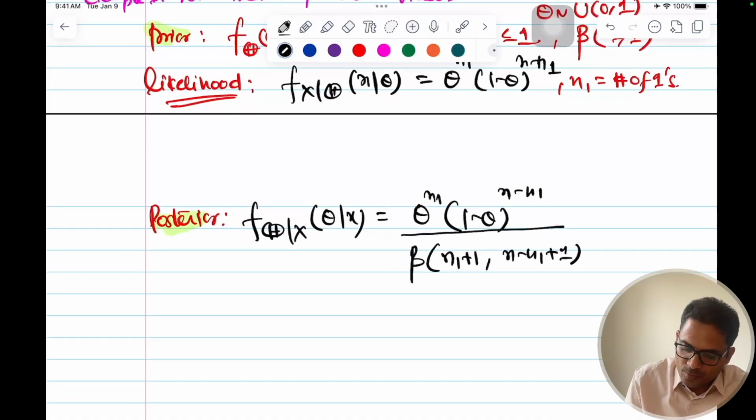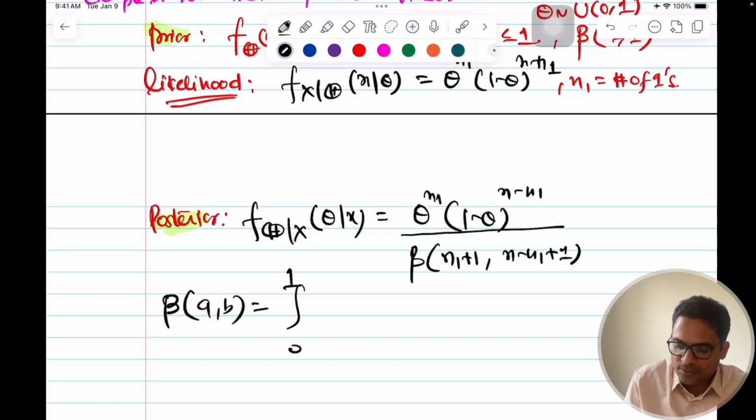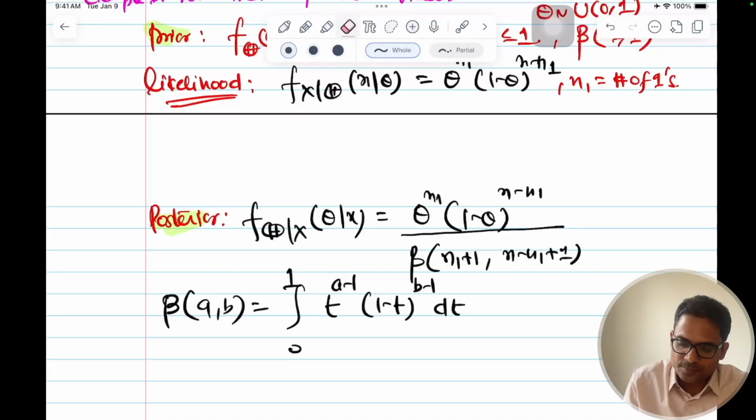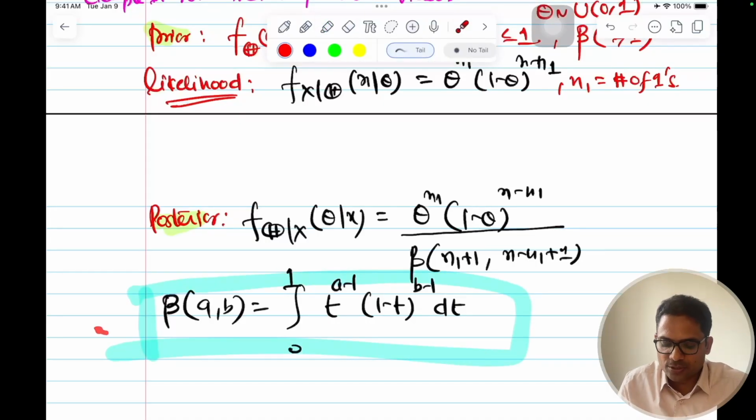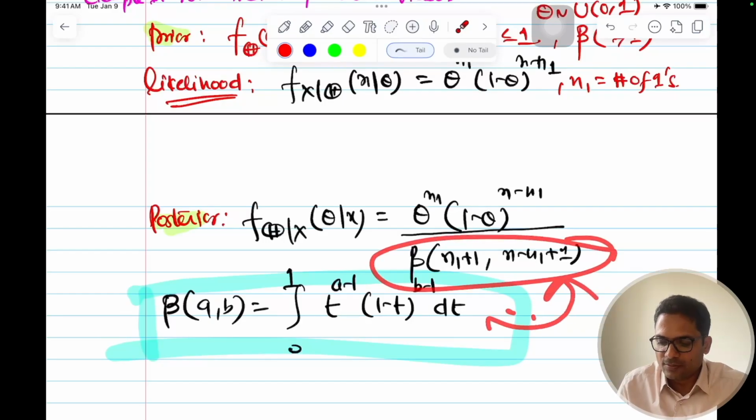And what is our beta? Just to give you, this is the integral from 0 to 1 of t to the power a minus 1 times 1 minus t to the power b minus 1 dt. So this is our beta function, or beta distribution, that is used to simplify complex integrals, and we used it where our integral was there.